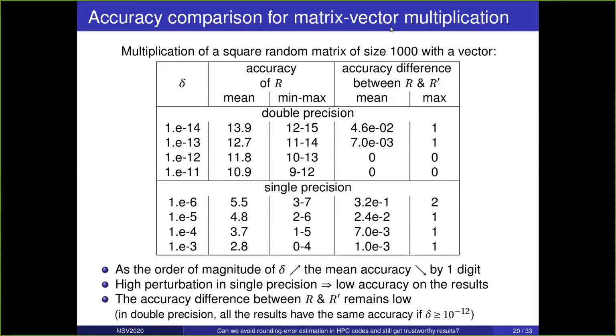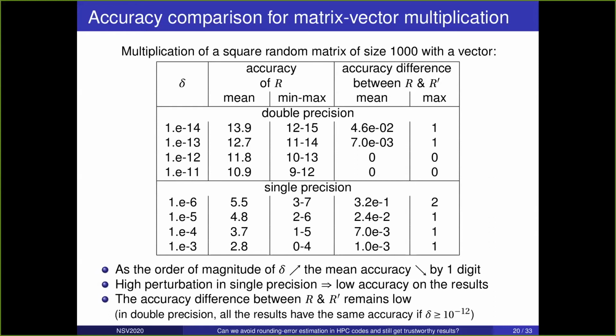You also have the results obtained for the multiplication of a square random matrix of size 1000 with a vector. So again, in double and then in single precision. And again, as the order of magnitude of delta increases, the mean accuracy decreases by 1 digit.